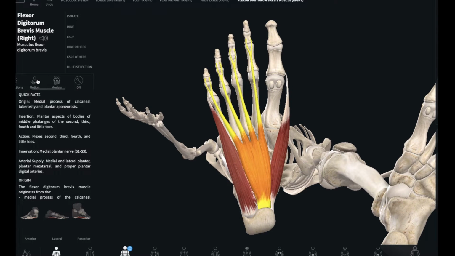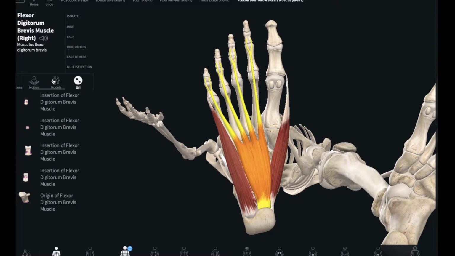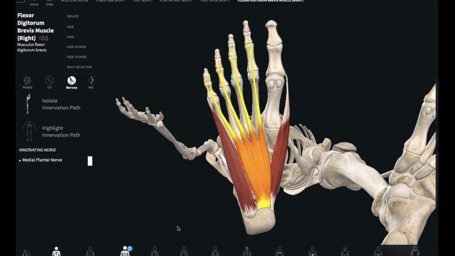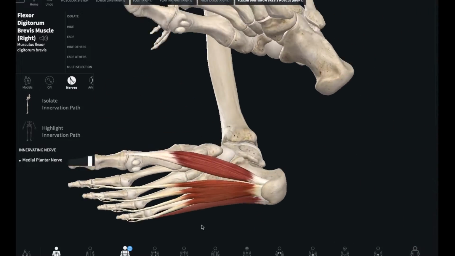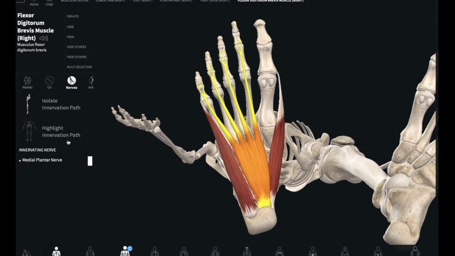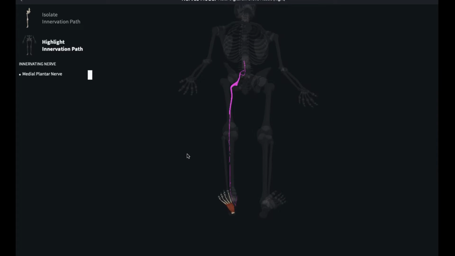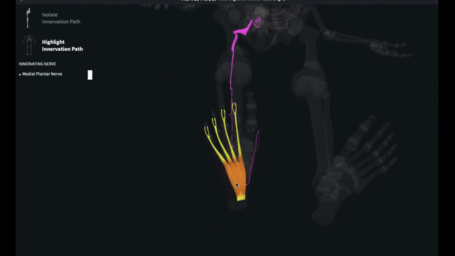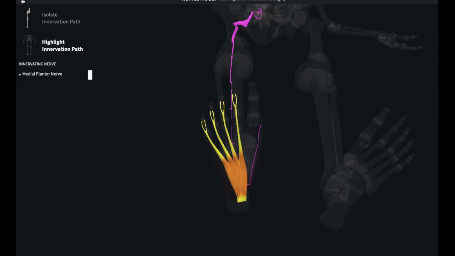Now the nerve, sorry, not that one, medial plantar nerve, which also, when you really think about that, it's just right in the middle. So what else could it be?